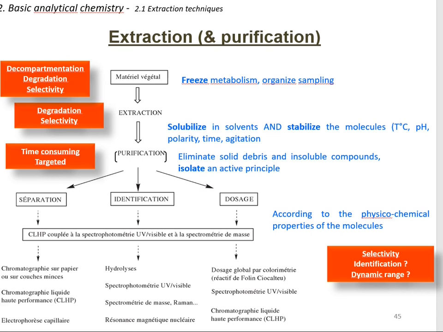Think about ascorbate, which is vitamin C. It's very, very easy to degrade it because it is a very reducing compound and it can be oxidized easily. If you make a purification, it can be very complicated and very time consuming, and you will multiply the risk to degrade your compound. And then when it comes to the machinery and the techniques, you will also have drawbacks regarding identification, dynamic range, and so on, that we already mentioned.